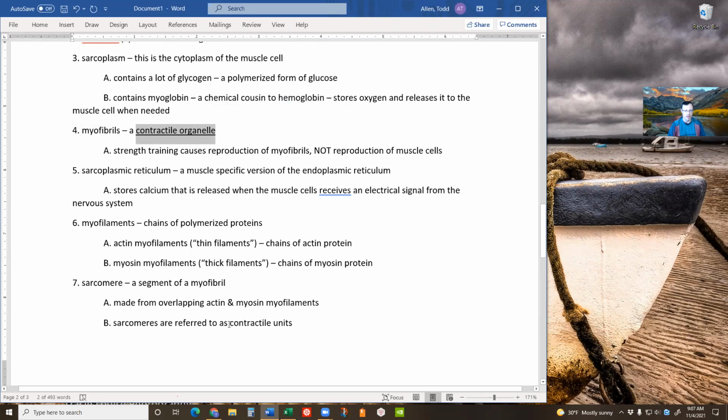If we say the phrase contractile unit, we are referring to a sarcomere. Okay, it's just one of those things that you have to be familiar with, the precise terminology used by scientists studying this topic. Contractile organelle is the entire myofibril. Contractile unit is a segment of the myofibril called a sarcomere. Okay, folks, any questions so far?